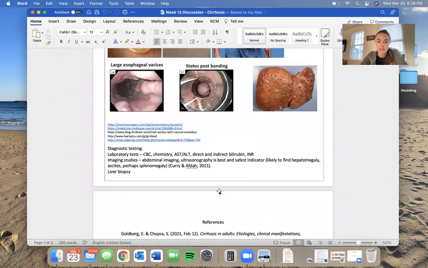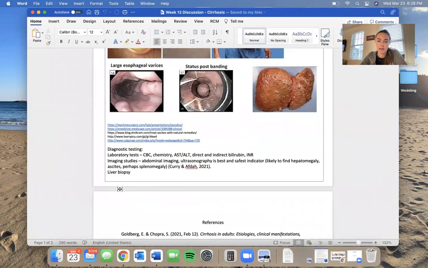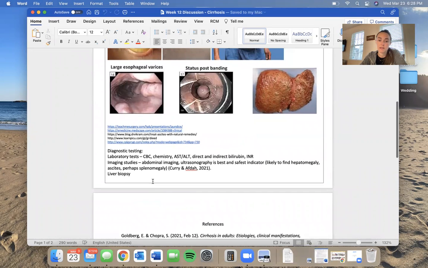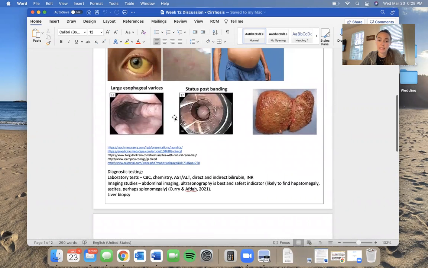Some basic lab tests are CBC, chemistry, AST, ALT, direct and indirect bilirubin, and an INR. In the CBC, a lot of times people are anemic because either they have a slow bleed from one of these varices, or there's some gastric ulcers that cause bleeding. Their chemistry is usually pretty normal unless the liver disease is significant and it starts to affect the kidneys.